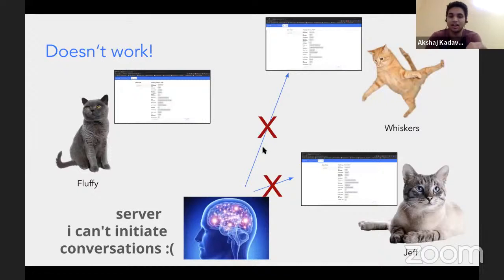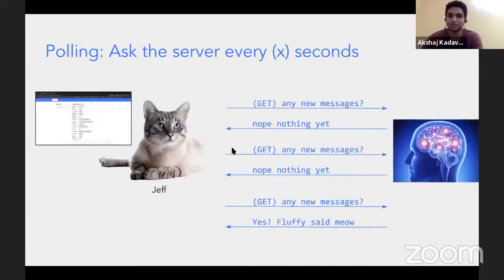But the server cannot initiate conversation with any of the other clients. So that's a problem, because if you're relying on the server to communicate with other clients, the server would not be able to tell the other people what you just said. So that's a very, very sad problem.